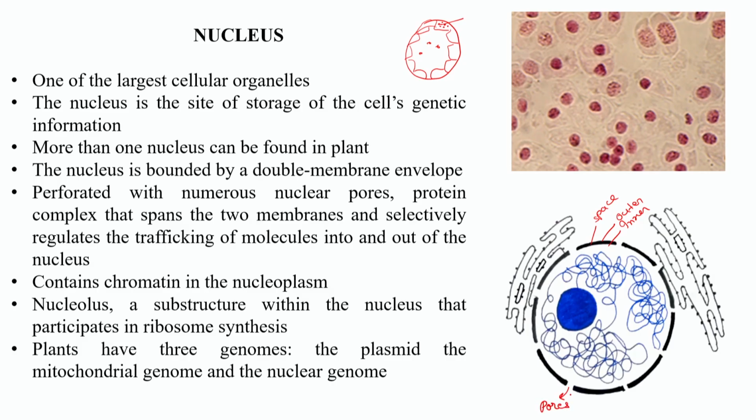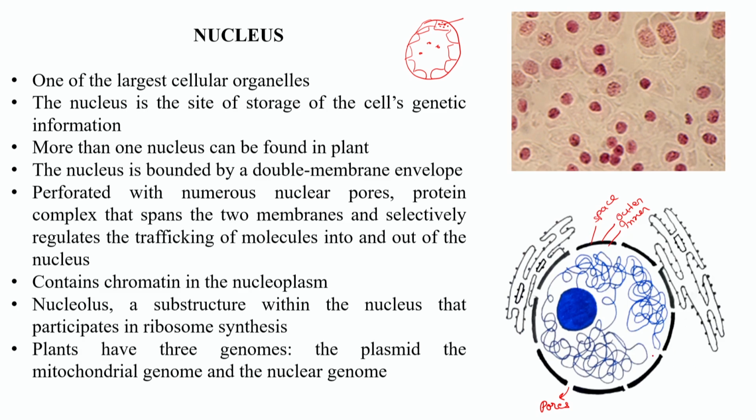These pores regulate the trafficking of molecules into and out of the nucleus, and these pores are made up of protein complexes that selectively guide the entry and exit of metabolites.